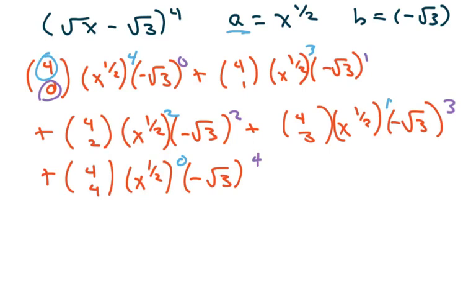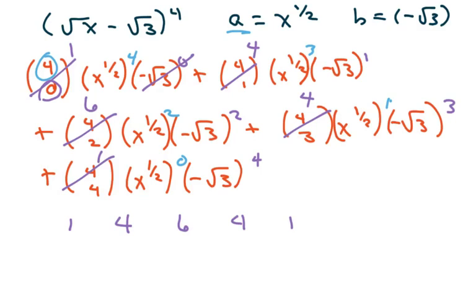Alright, now we already know that for the Pascal's triangle it would be 1, 4, 6, 4, 1. So this is 1, 4, 6, 4, 1. We also know anything to the 0 is 1. And just cross those out.